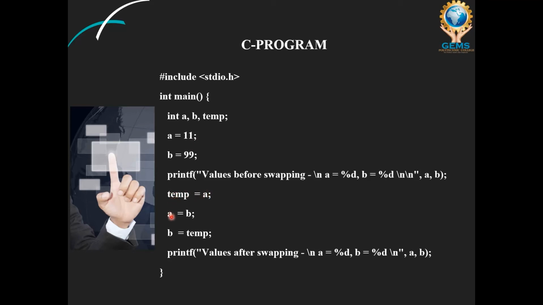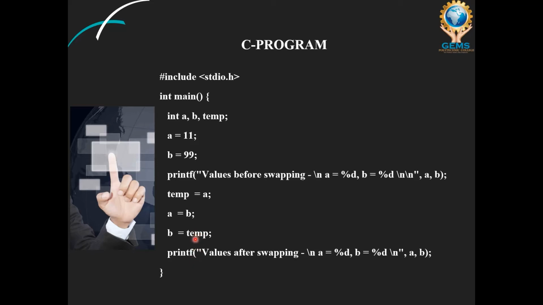Now A equal to B. The B value, that is 99, is going to be assigned to A. Now finally B equal to temp. Temp is holding the A value, so B equal to temp, that means indirectly 11.